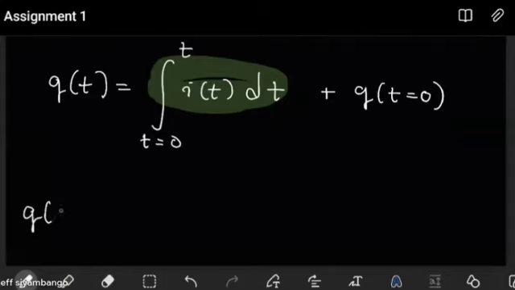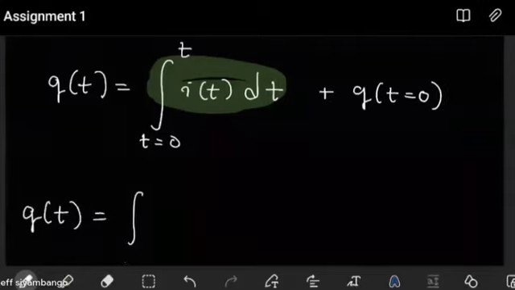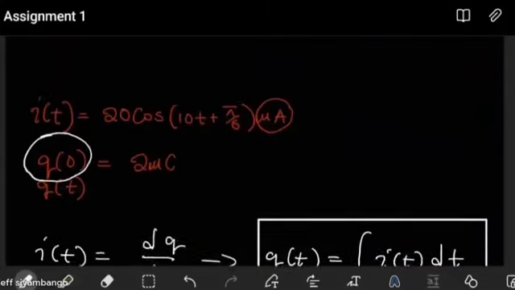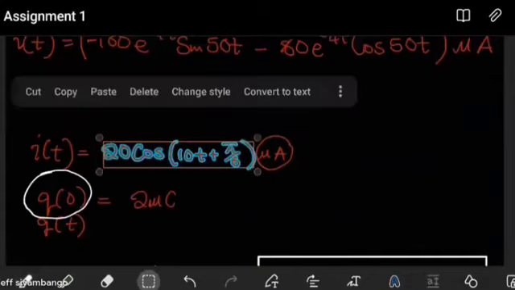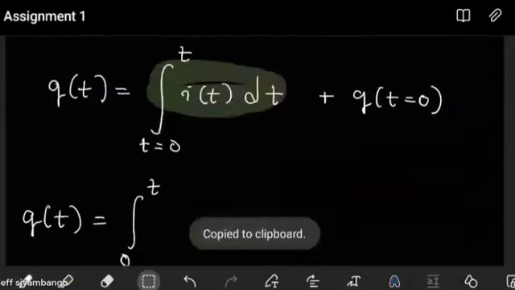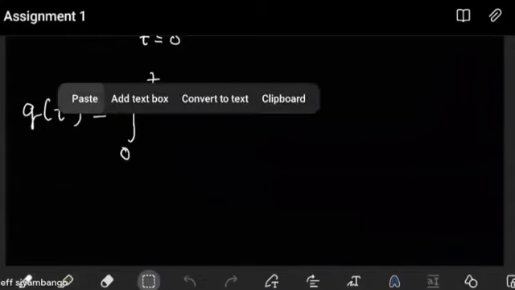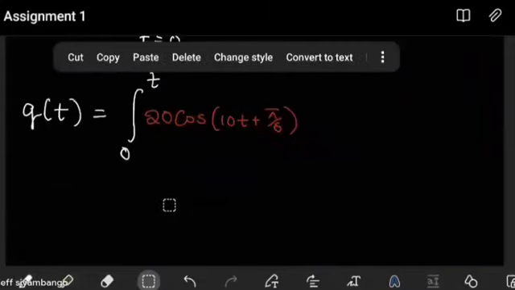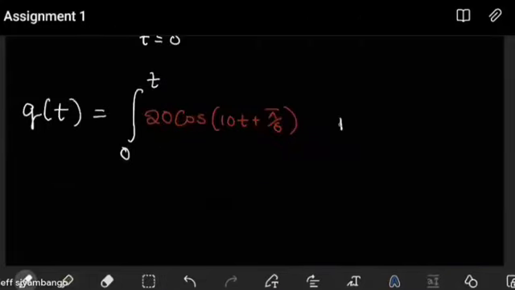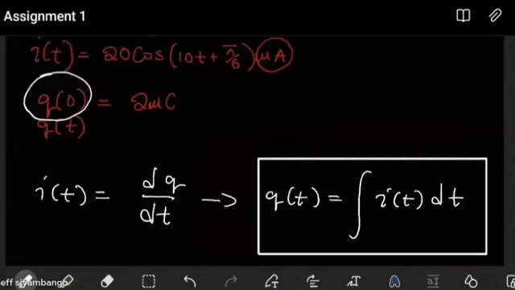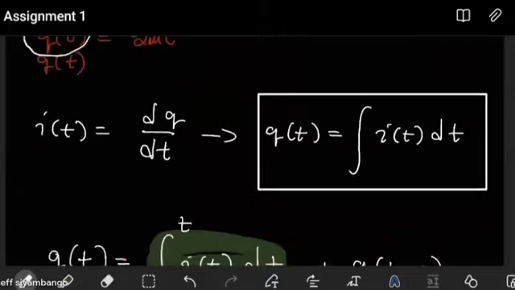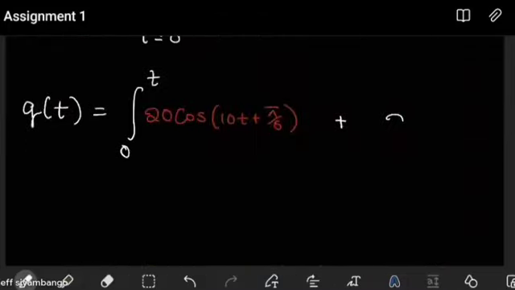So here we have this. This is now the integral from 0 to t, and our expression for current, we have this. And then the last part is just plus the charge when t is equal to 0, that is 2 microcoulombs.